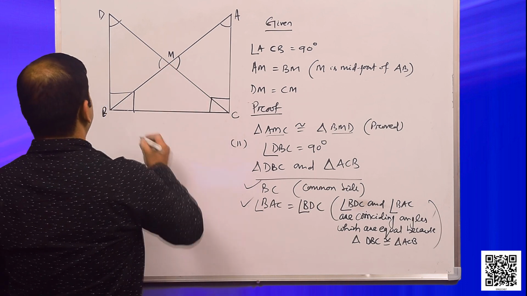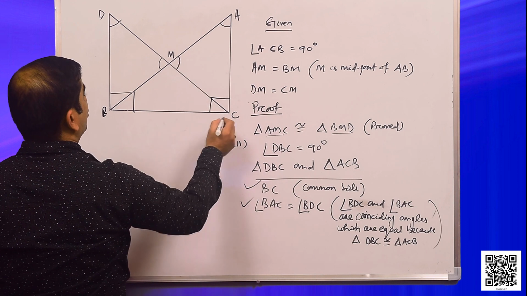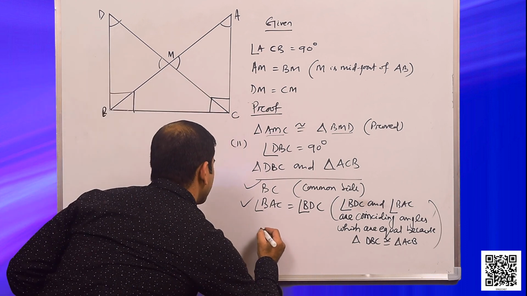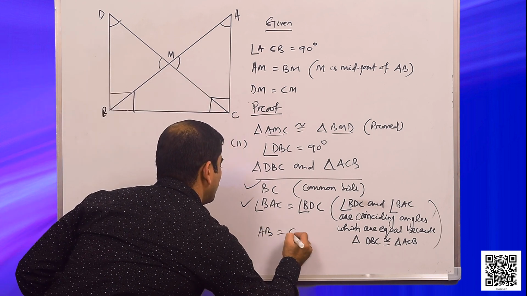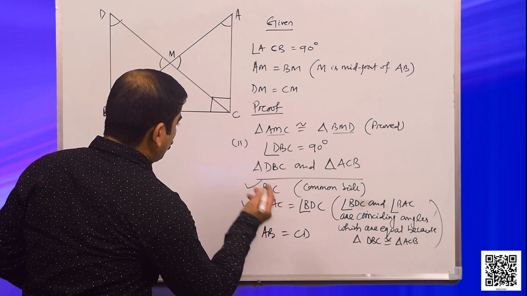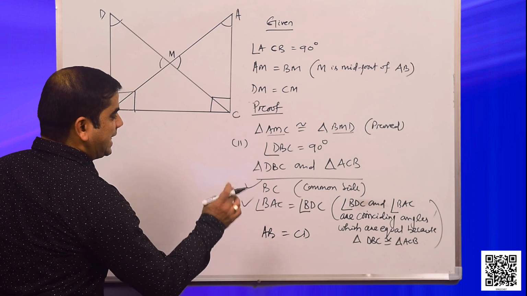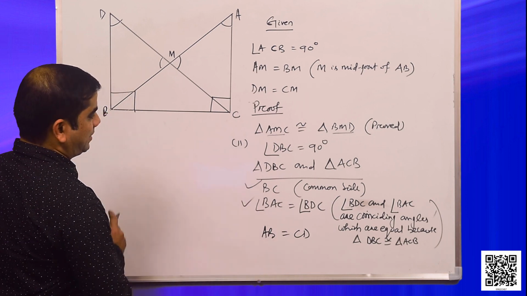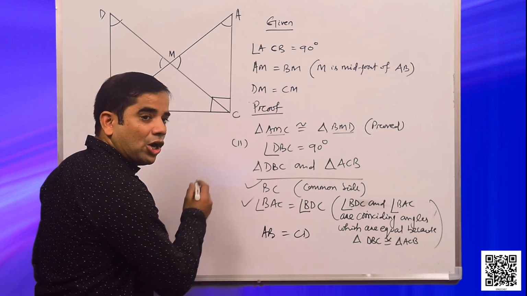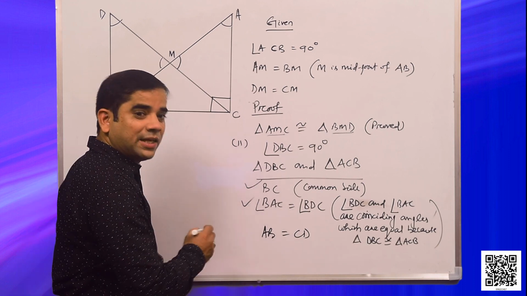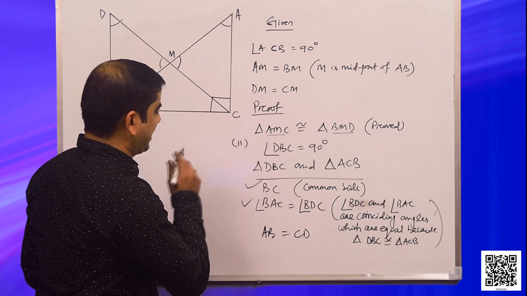That means BA is equal to CD. So I can write AB is equal to CD, fine. BC is common side. Angle BAC is equal to angle BDC. But can we go for the congruency of the triangles with these data? Let us check.